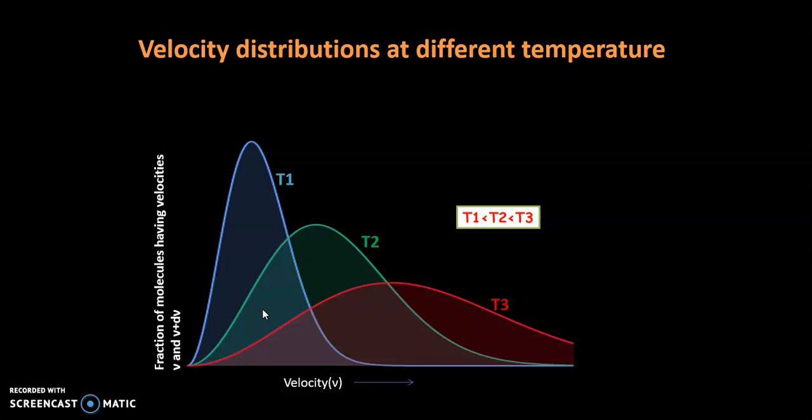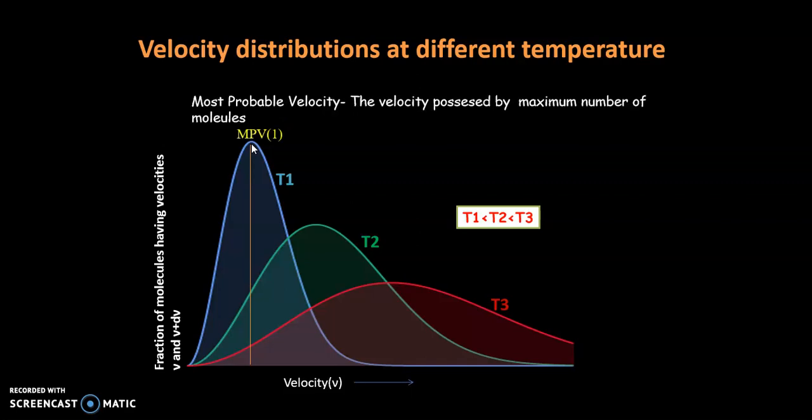The peak of this curve corresponds to the most probable velocity, which is the velocity possessed by the maximum number of molecules.